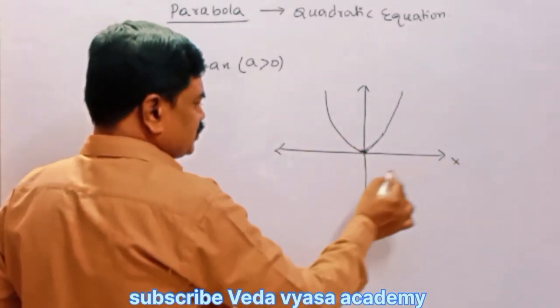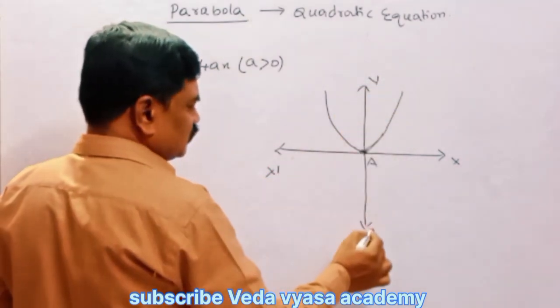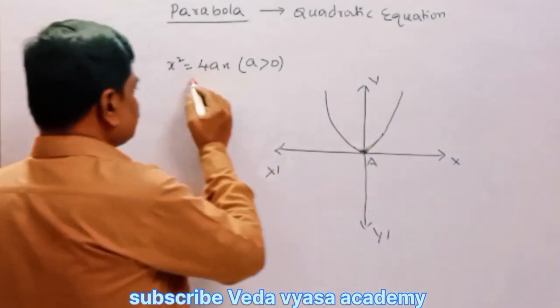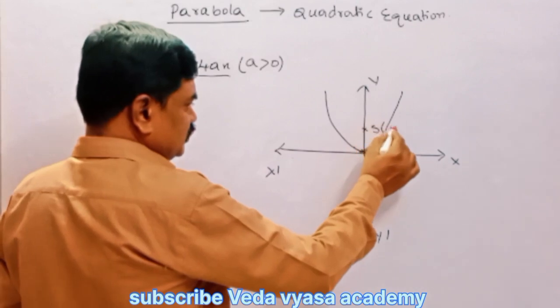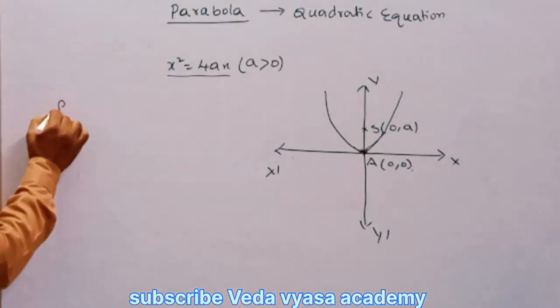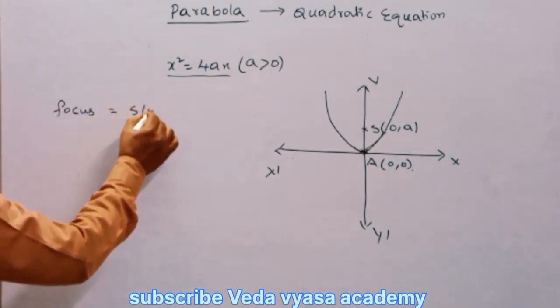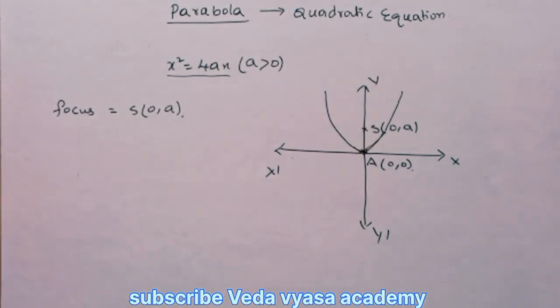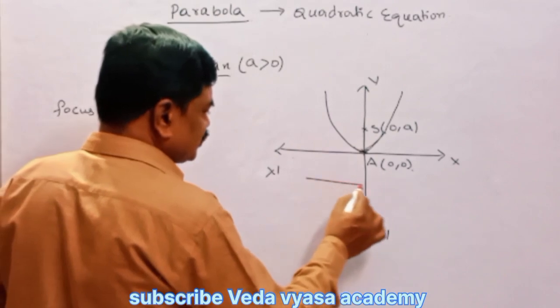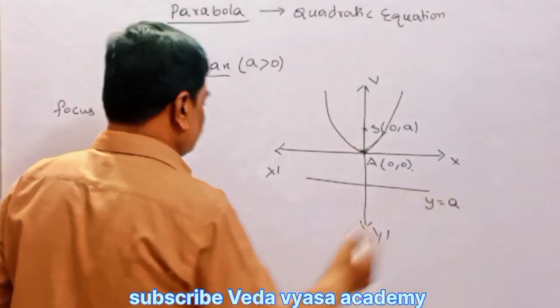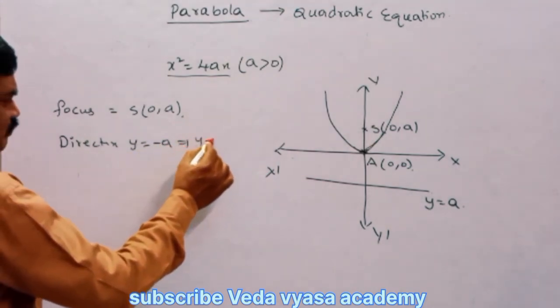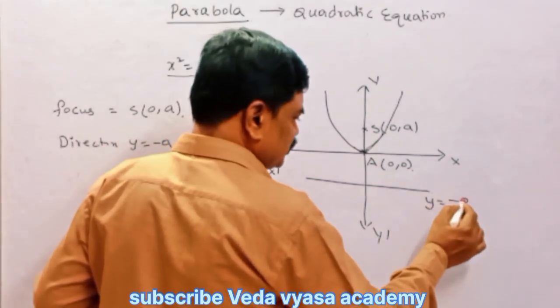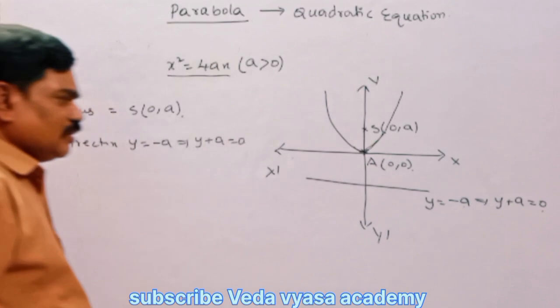This is the vertex, X'OX, Y'OY, and this is x square is equal to 4ay. 0 comma 0 is the vertex, and the focus is S 0 comma a, and in this case the directrix is y is equal to minus a, which implies y plus a equal to 0.